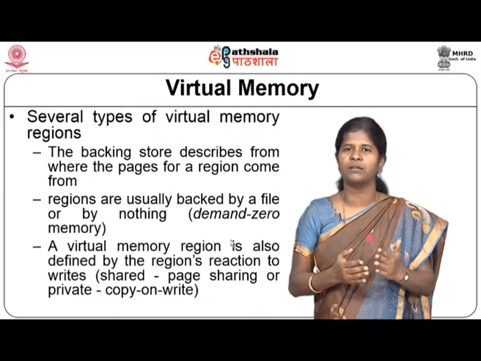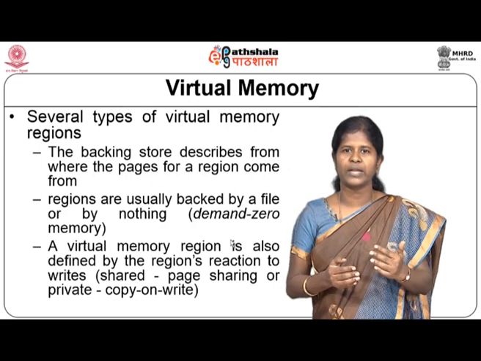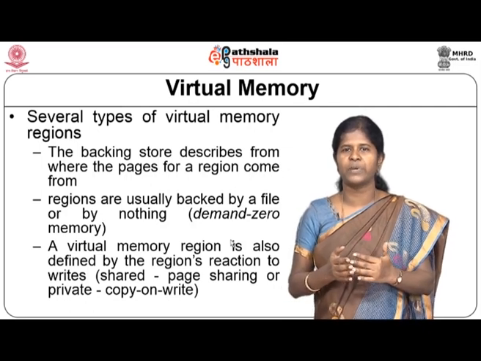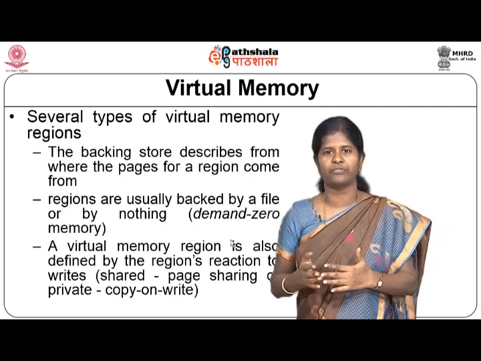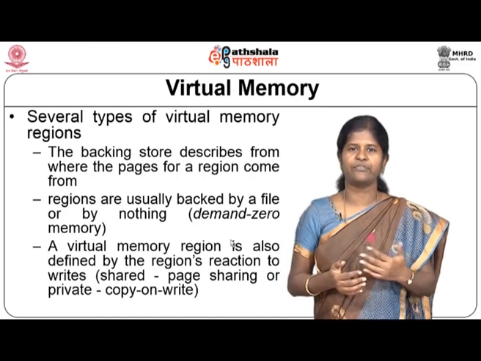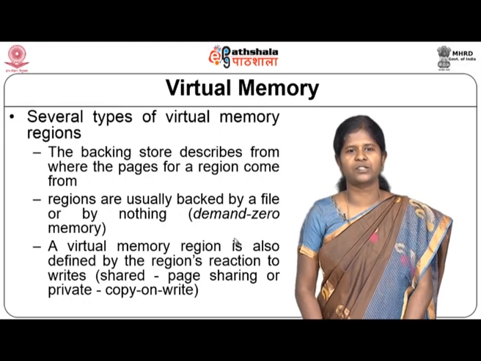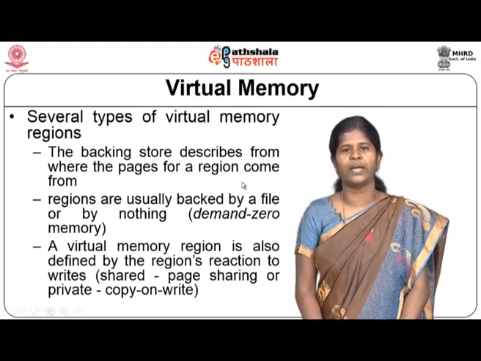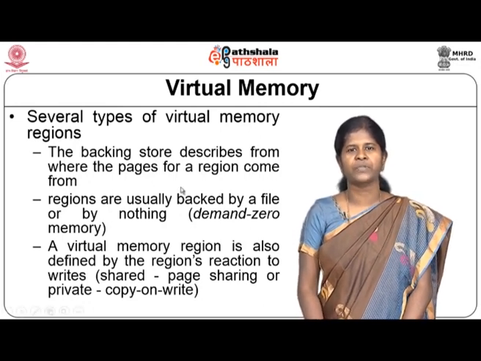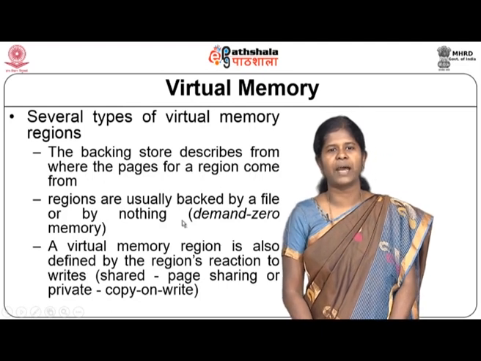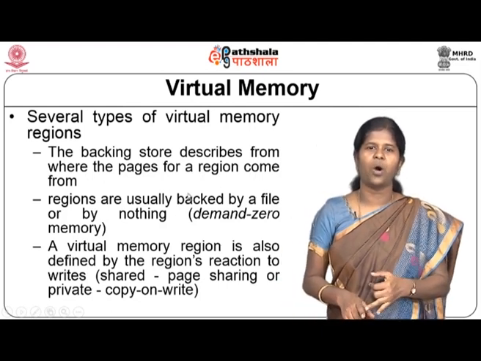So, there are several types of virtual memory regions. When you are looking at the logical view, the process comprises a number of regions, and there are different types of virtual memory region. The backing store describes from where the pages for a region come from, and the regions are usually backed by either a file or by nothing.